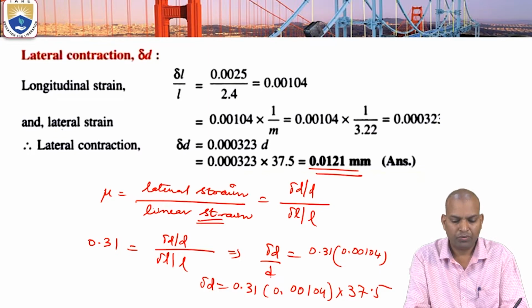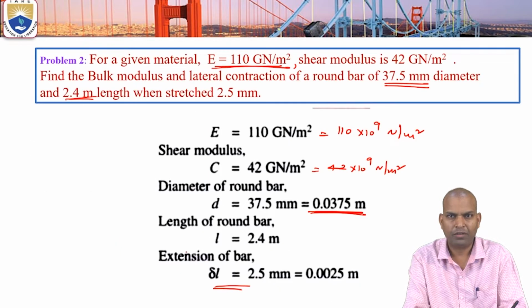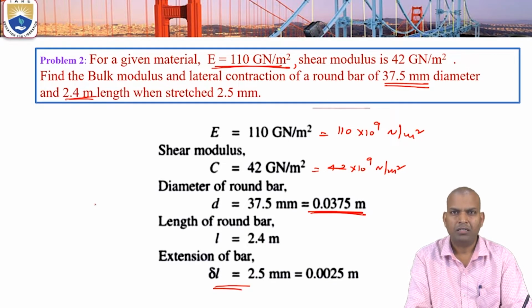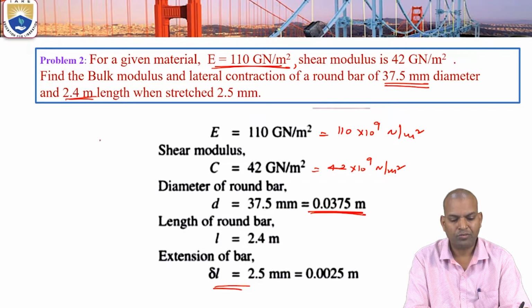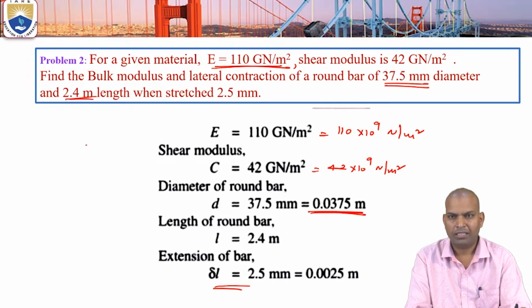So how did we find the lateral contraction? Let us summarize how to solve the problem. The known values are the modulus of rigidity, the modulus of elasticity, the diameter of the bar, and the length and change in length of the bar.